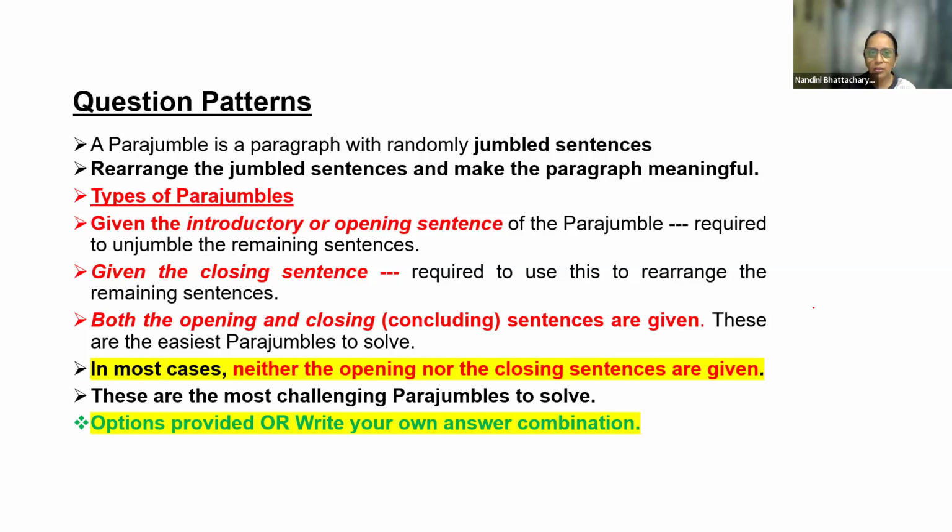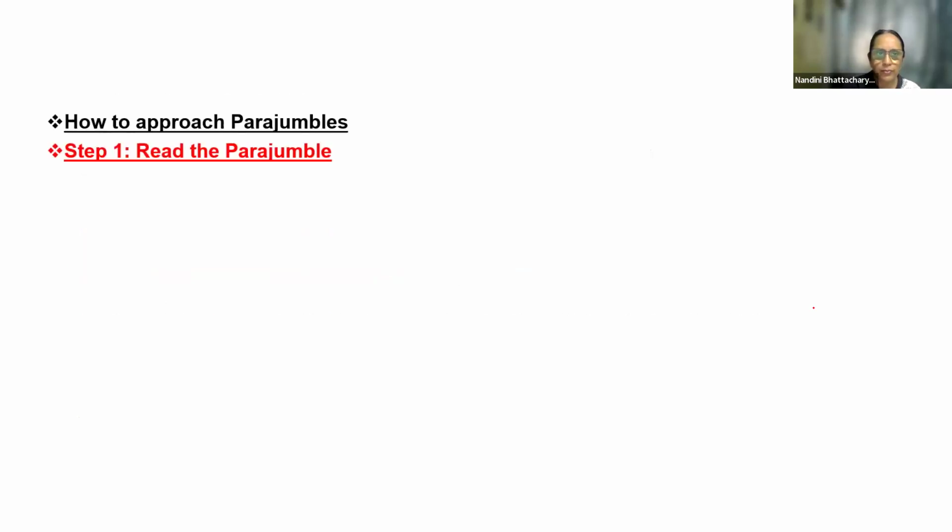Here also, out of the given sentences, what would you choose as an opening sentence? What would you choose as a concluding sentence? And for the sentences in the middle, you look for sentences that connect to each other. So this is more or less a wide strategy that you would be following.